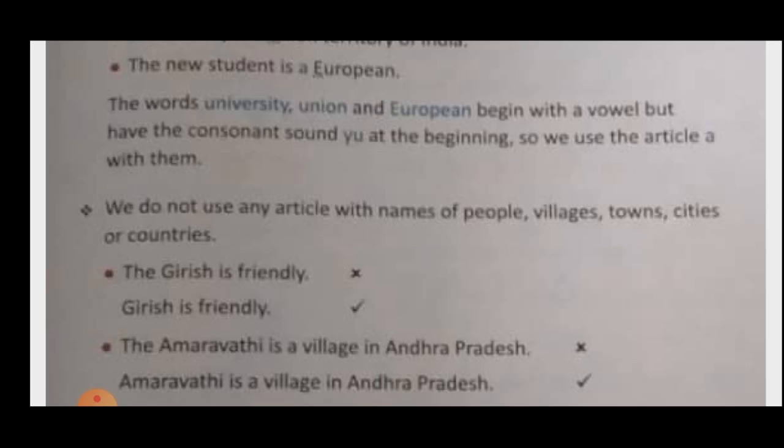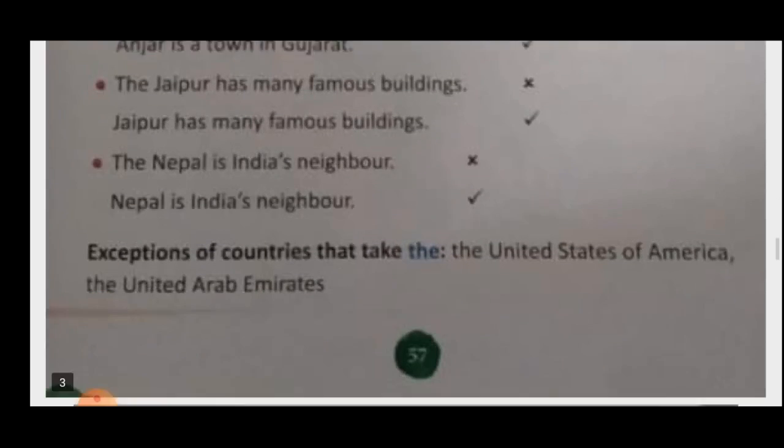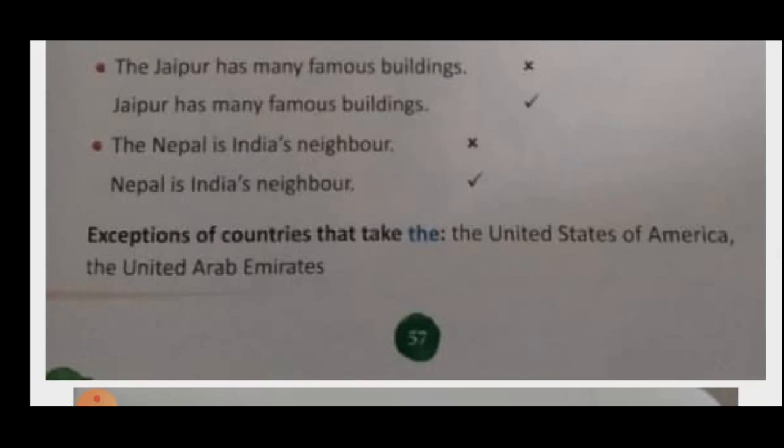For singular things, we can use a or an, and for both singular and plural things, we can use the. But we do not use the before the name of people, country, town, village, city. Only two exceptions are there: the United States of America and the United Arab Emirates. So before these two countries' names only we have to use the, otherwise we do not use the before the name of a country.